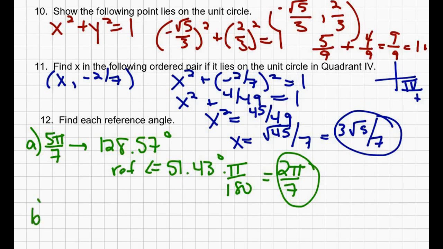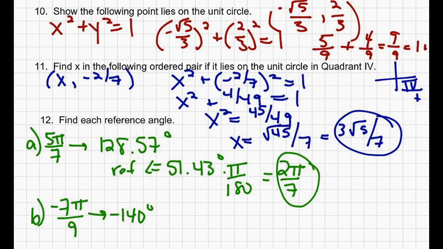The same thing's going to happen in B, negative 7 pi over 9. The first thing that I'm going to do is I'm going to change negative 7 pi over 9 back into degrees. So negative 7 times 180, because pi is 180, divided by 9 is negative 140 degrees.